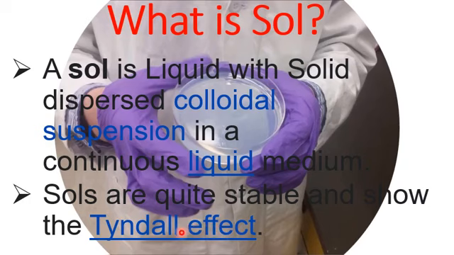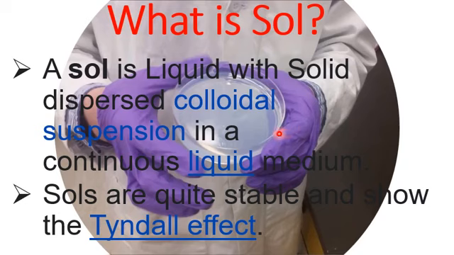So this means that blue light is scattered much more strongly than red light in the Tyndall effect, and the same effect is followed by a sol in a sol gel process or in a sol gel liquid. So, dear student, in simple words, a sol is a colloid made out of a solid particle in a continuous liquid medium.